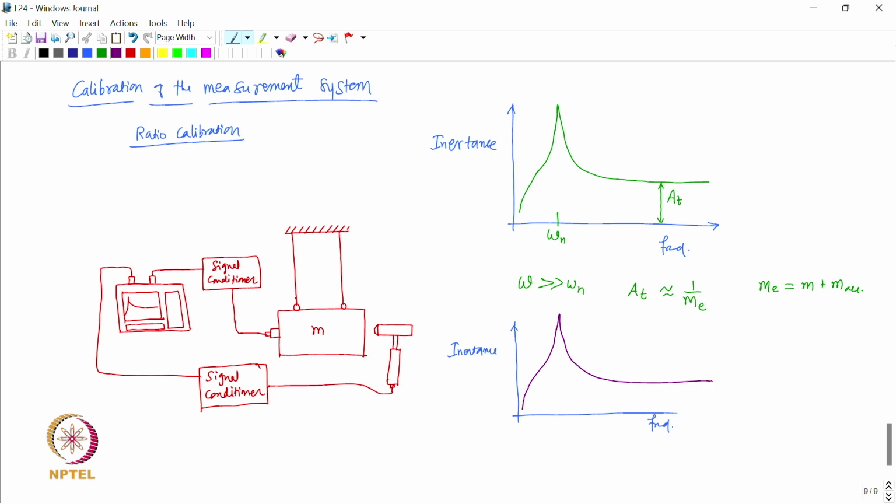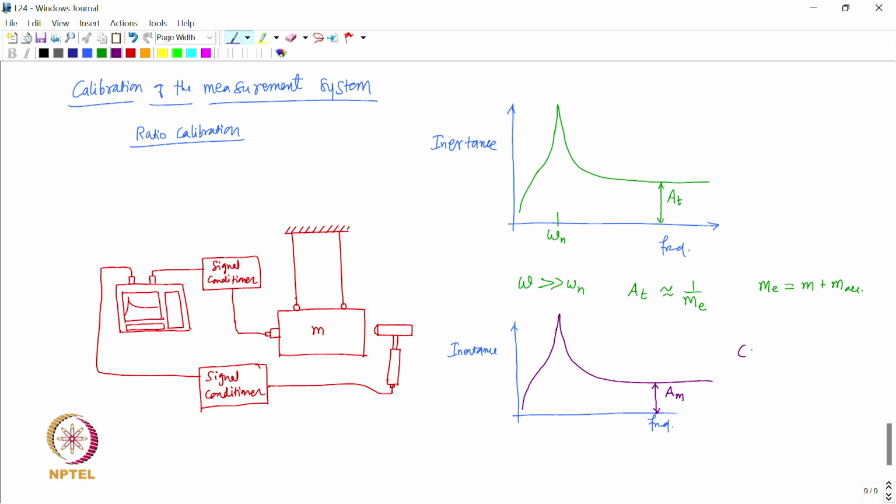Like this, right, and now this quantity, the absolute value of the inertance in the frequency range much above the natural frequency, let us call this AM, that is obtained by measurement, right.